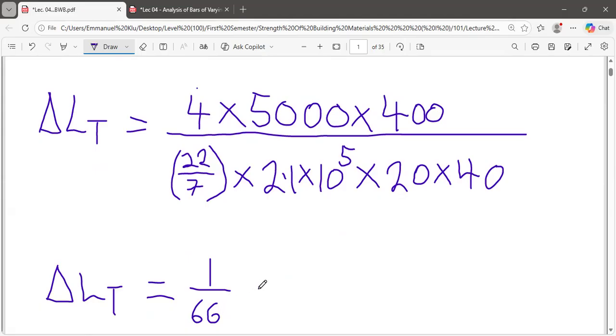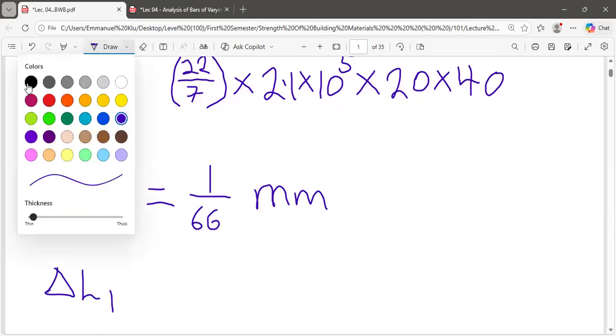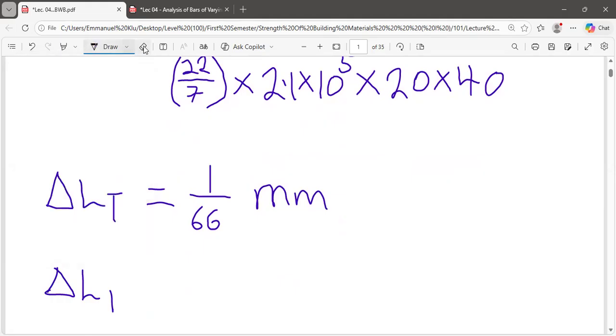If you re-punch it again, what are you going to get for your total change in length?